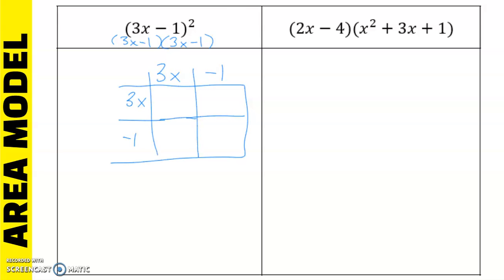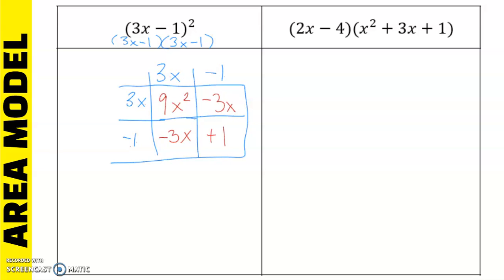And we multiply to see what goes inside. 3x times 3x. 3 times 3 is 9. x times x is x squared. 3x times negative 1 is negative 3x. And now I do negative 1. Negative 1 times 3x is negative 3x. Negative 1 times negative 1 is positive 1.